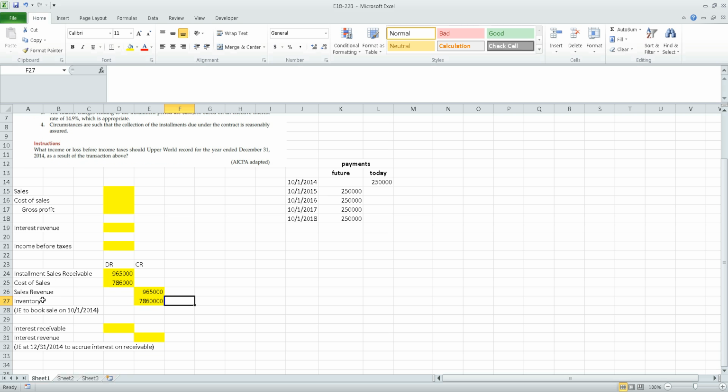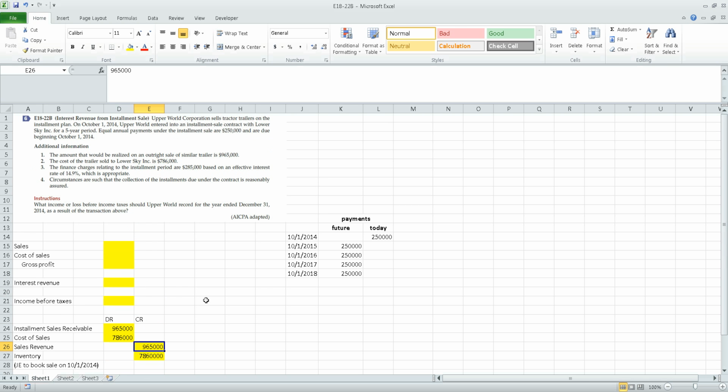Okay, so this is the entry that the seller of the trailer would make on October 1st, 2014 to book the sale. Again, the installment receivable and the amount of the sales is not based upon the gross payments required under the installment agreement, but rather based upon the discount or present value of those installment payments.